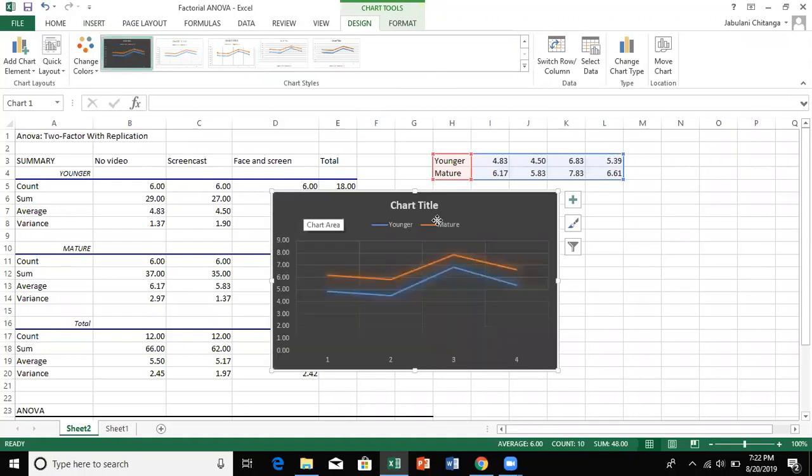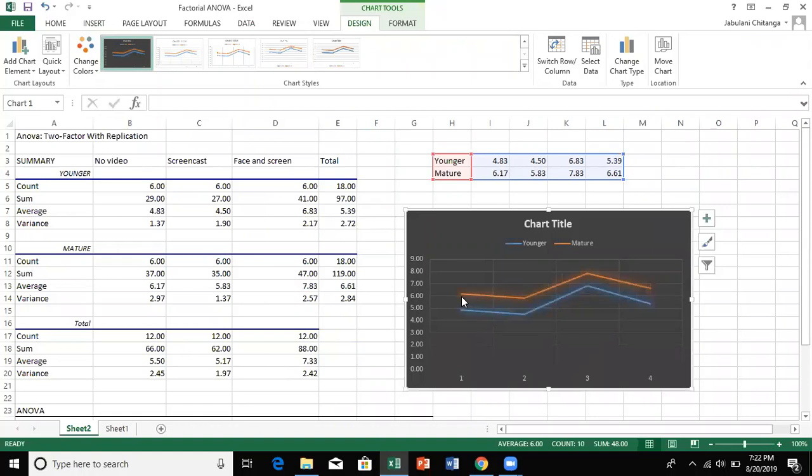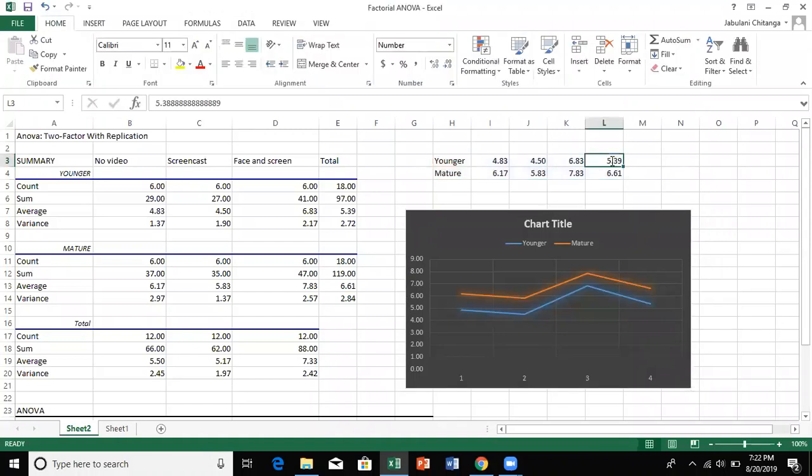If there is no significance in the interaction, it means that it doesn't matter if someone is young or mature, it doesn't change anything. It's not interacting in the real conditions. However, it can be a significant interaction. For example, if this is 8.0, yeah, like that.